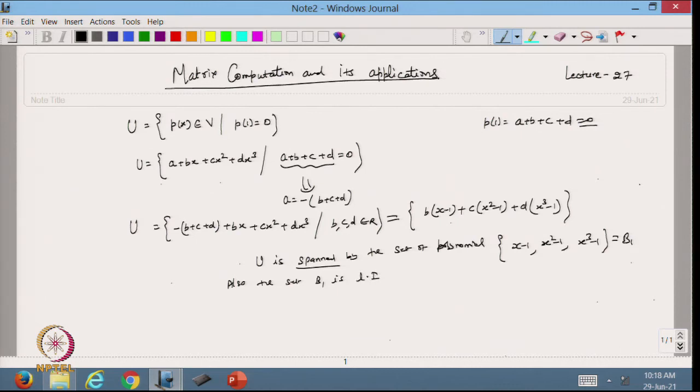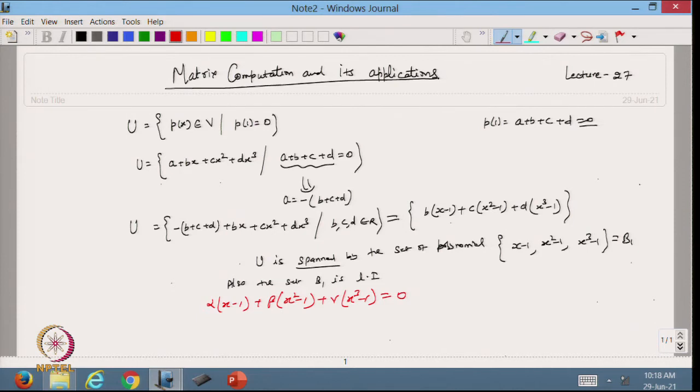How can we say that this is linearly independent? Because I just take the linear combination: alpha times (x minus 1) plus beta times (x square minus 1) plus gamma times (x cube minus 1) is equal to 0.